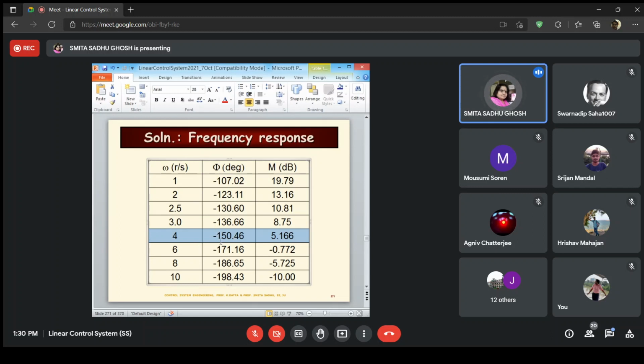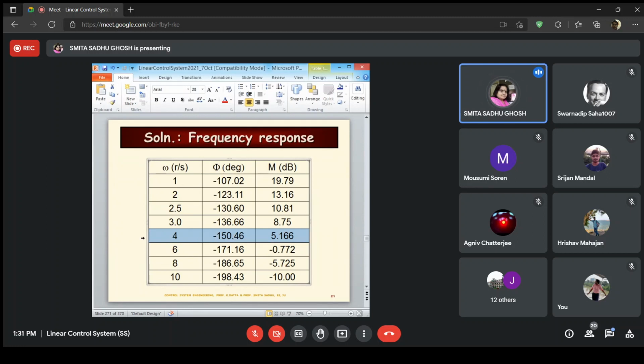So from the minus 150 degree, if I wanted to go to minus 135, can I use a lag compensator at this particular frequency to give me minus 135 degrees over here? No, ma'am. So at this particular frequency, it is already more negative than I wanted. And from the lag compensator, I will get more lag. So I cannot actually use the lag compensator at 4 radians per second.